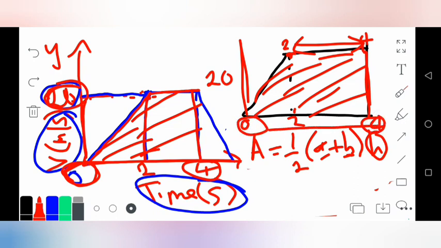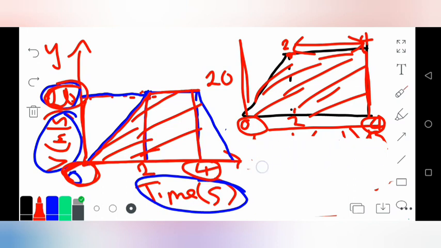So once you are able to collect those numbers, our h is 20, our a is 4 minus 2, which gives us 2, and our b is 4. From there, ladies and gentlemen, we can just plug these numbers into the formula.